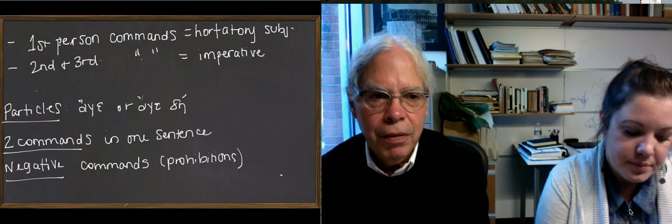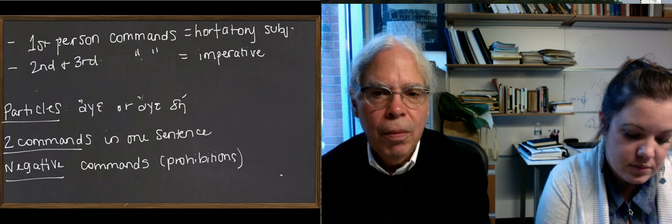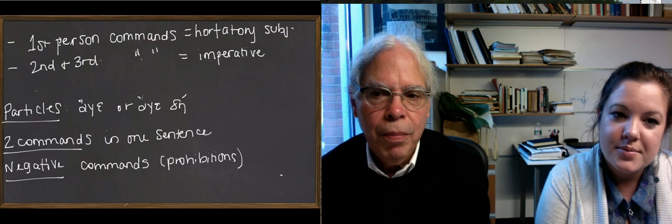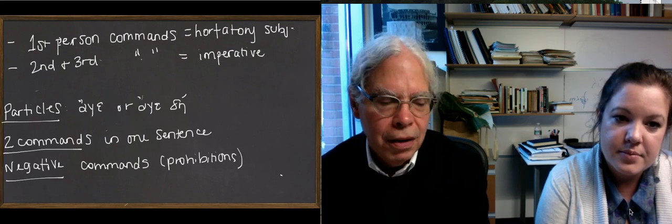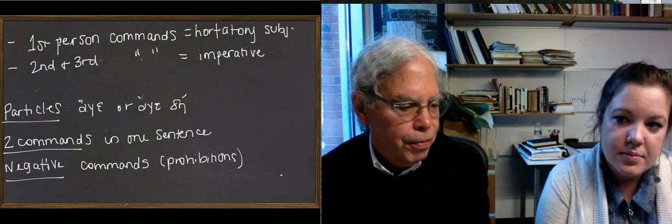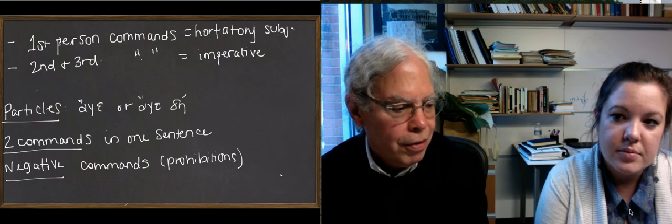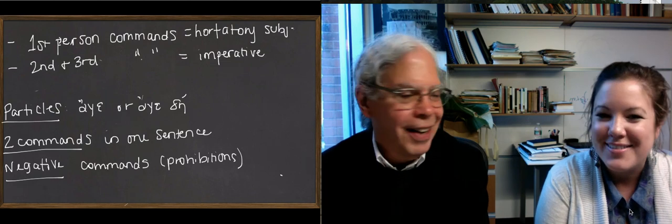There are a couple of other little details about how imperatives work that we're discussing here. One of them is this use of small particles. There's age, or agede. Age looks like, and probably is, the only imperative of the verb ago, which means do. So it was a way of making an imperative, "do it."